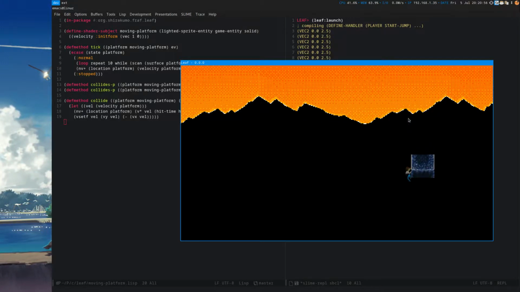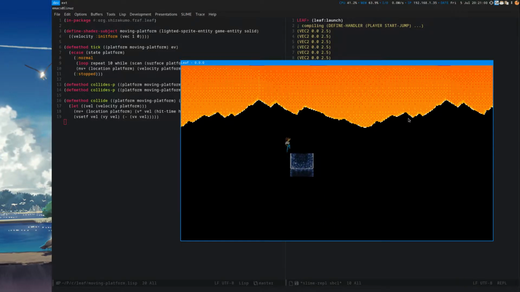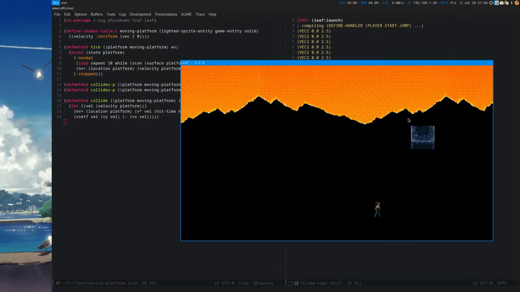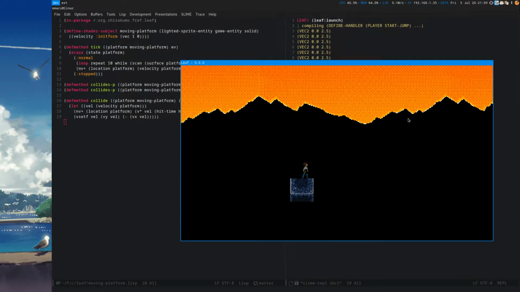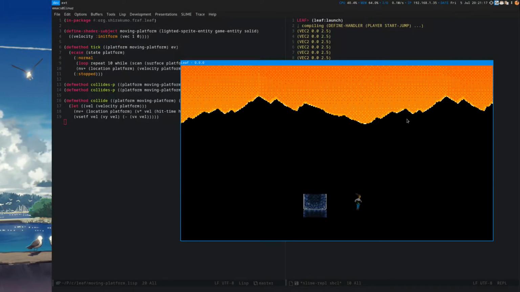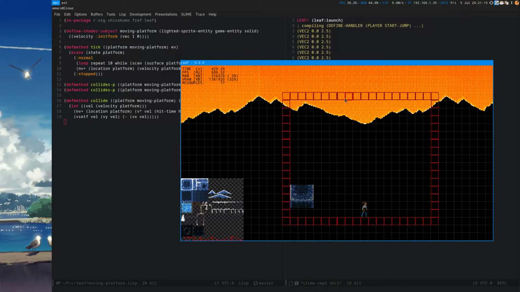I already spent a lot of time today trying to figure this out, and it's just not been working out. You still hop like that. And I'm sure moving downwards there's problems too. Let me see.